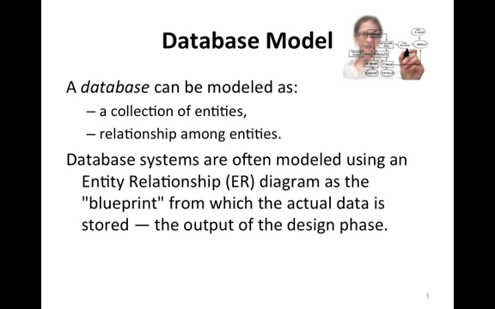This is part of the design process. And we think of this as a collection of entities, a collection of things. Data is almost always a noun. Data describes nouns and the relationships between those entities.